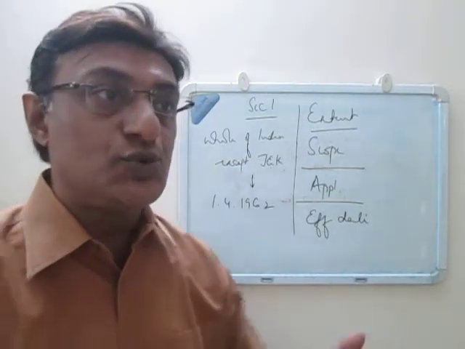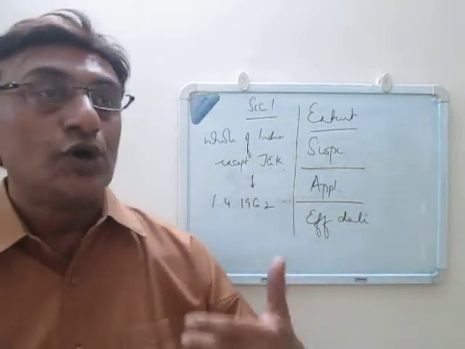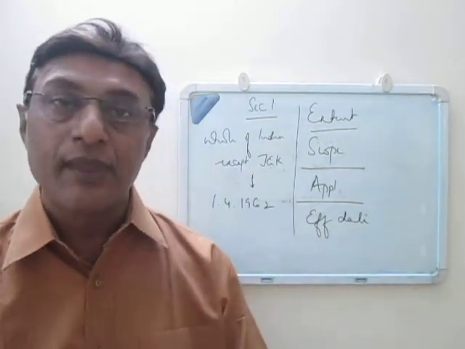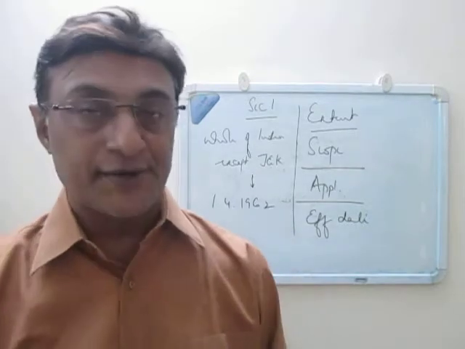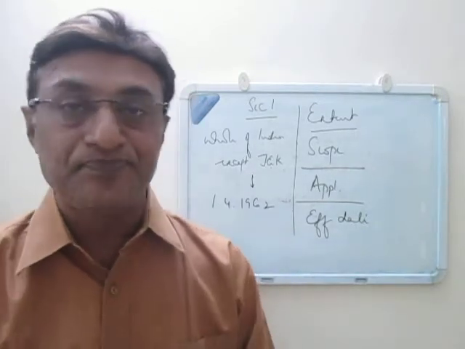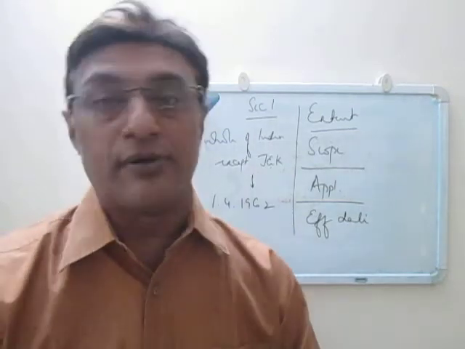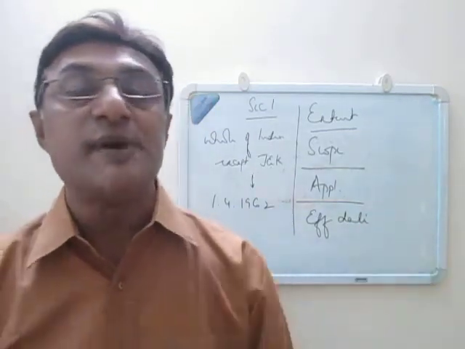Most of the statutes related to commerce, business, finance, economics follow a financial year instead of the calendar year. A financial year is the period from 1st of April up to 31st March following.